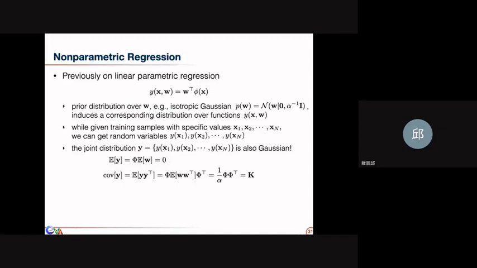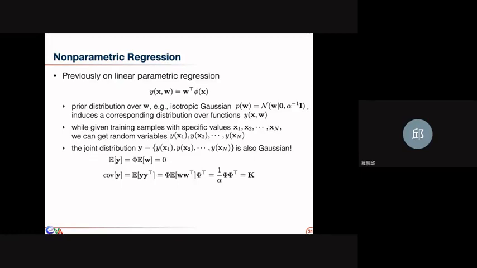For example, if I now have x1, I put it into this equation, then I have phi of x1 and its inner product with the w. So phi of x1 together with a w which has a prior distribution, then the resultant y is actually a random variable.